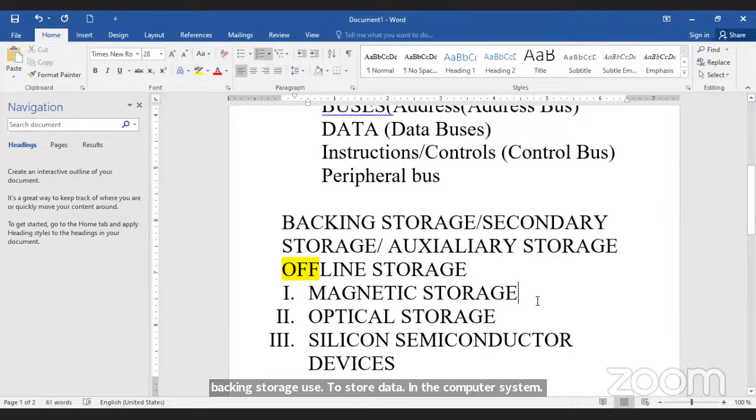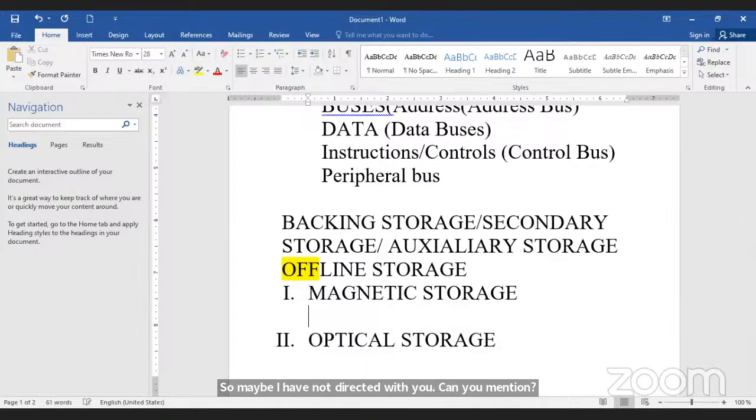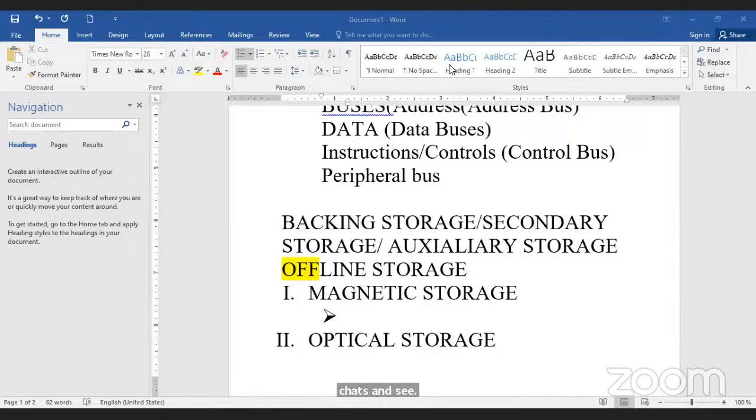Can you mention some types of magnetic storage devices? Through the chat, mention magnetic storage devices that you have come across that are used to store data. Most of you know this, so let us go to the chat and see. Floppy disk, magnetic disk. You see, most of you are at the forefront.